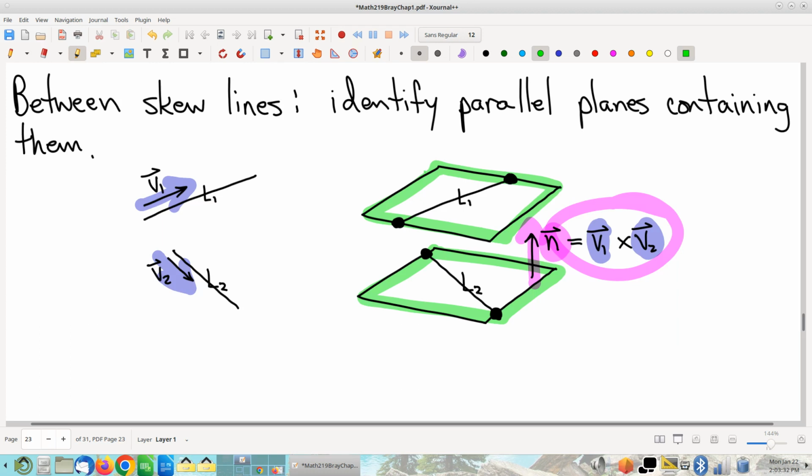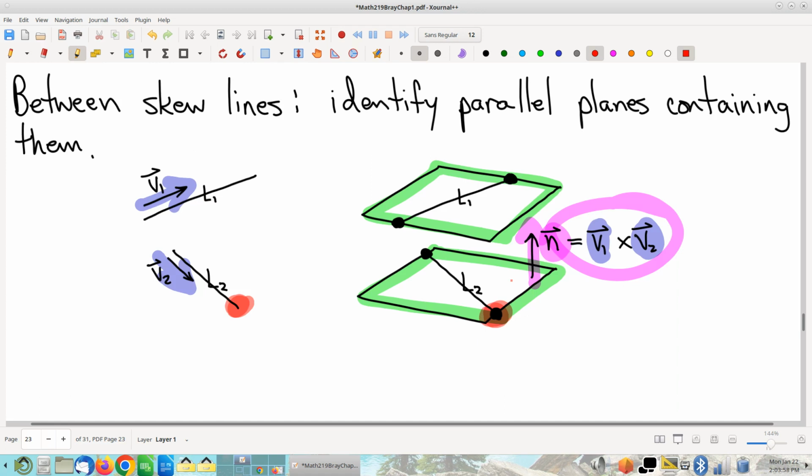And so then all you have to do is shift them as needed until they contain whichever line you're interested in. Said differently, pick a point on any one of the lines. That point, combined with your normal vector that you computed, will produce the appropriate plane.